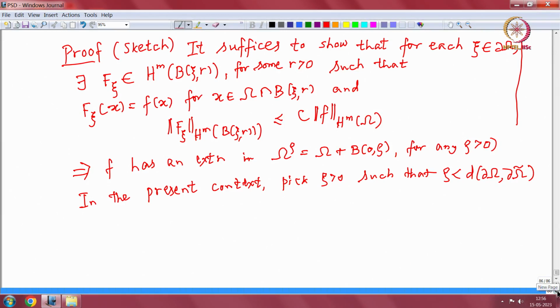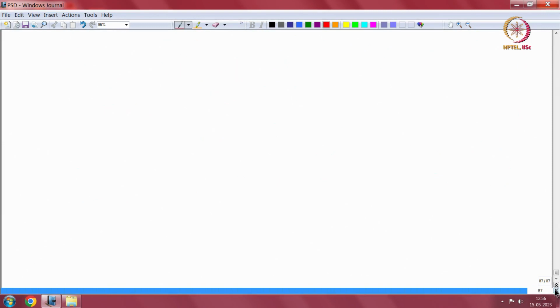That is where we use the hypothesis that the boundary is of class CM. So, here we use the hypothesis del omega is of class CM.